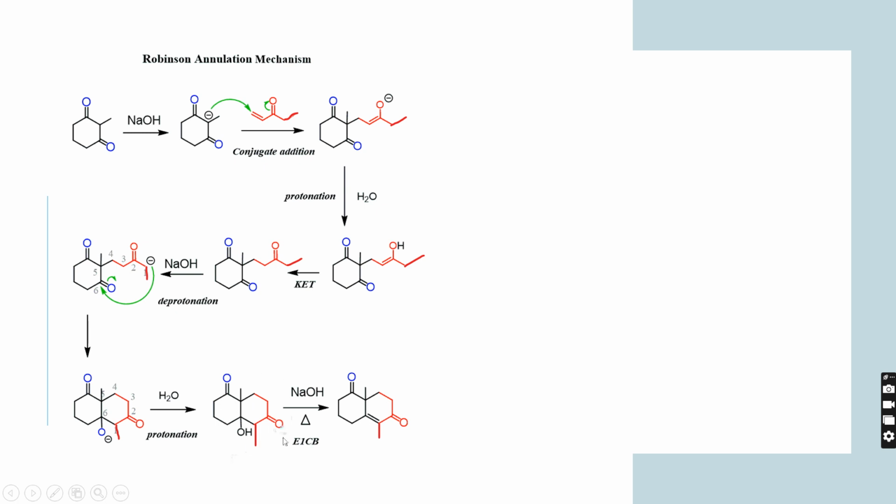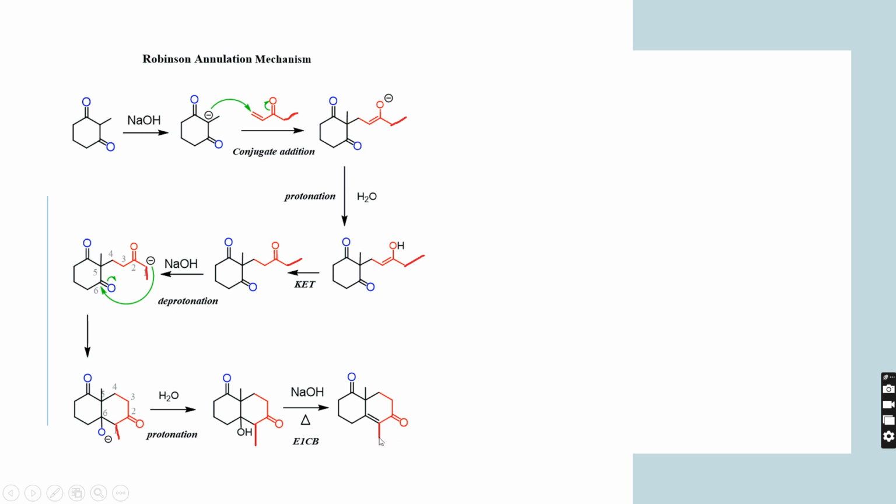Again this compound will undergo an E1CB mechanism reaction, and thereby you will get a product similar to this. If you imagine it as a dehydration reaction, first you will get a double bond here, but it will quickly isomerize to give you this more stable alpha beta unsaturated ketone.